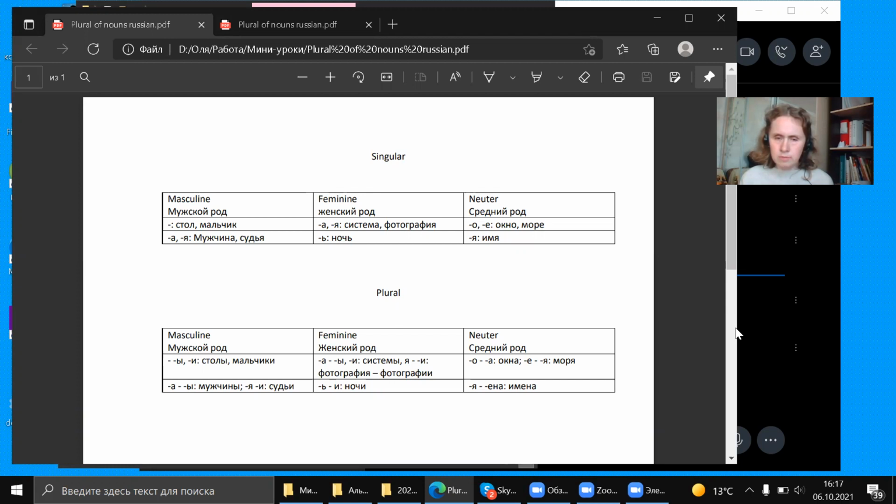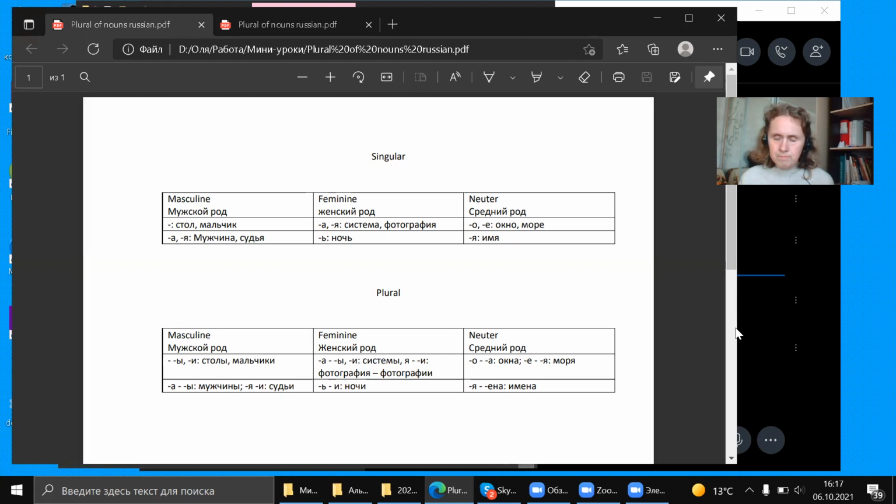There are fewer nouns like this. Like the first line in this table, these are mostly very common nouns, like bigger groups of nouns, right, with these endings. The second line, there are fewer nouns like this, significantly fewer.